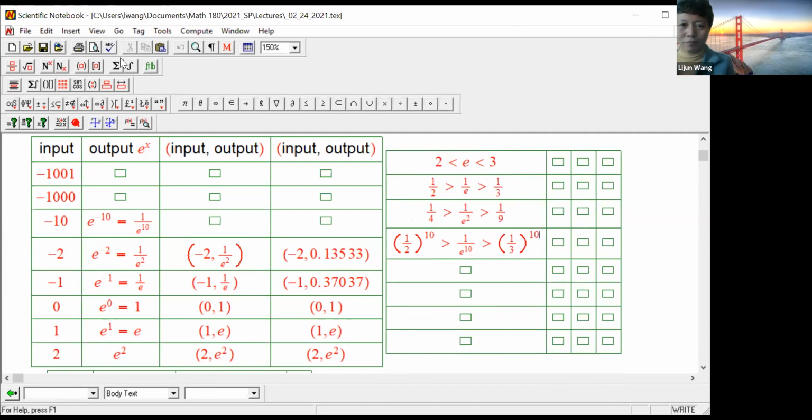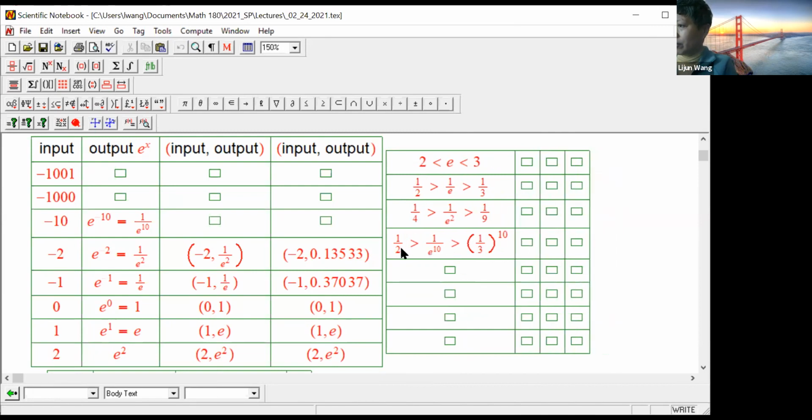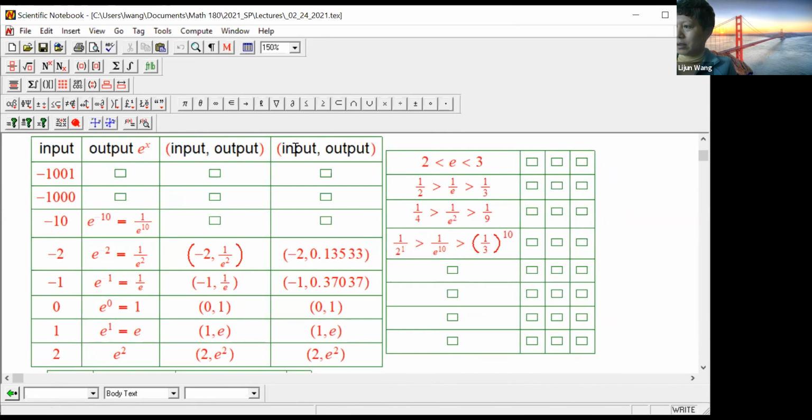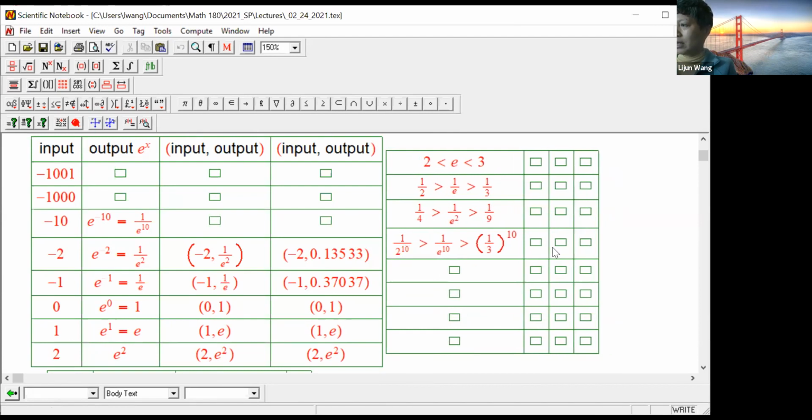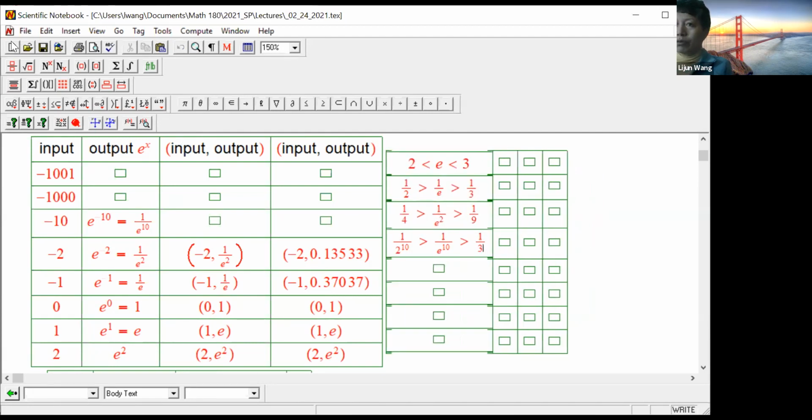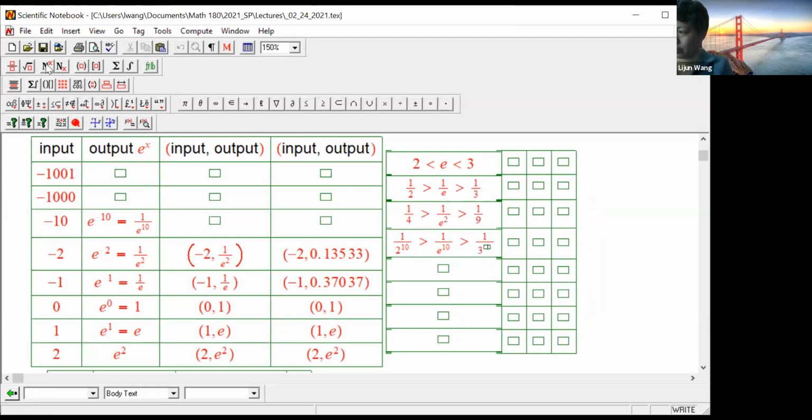Positive. What you see is the output is still positive. But what is 1 over 3 to the power of 10? Well, this is just going to be 1 under 2 to the power of 10, and this is going to be 1 under 3 to the power of 10.